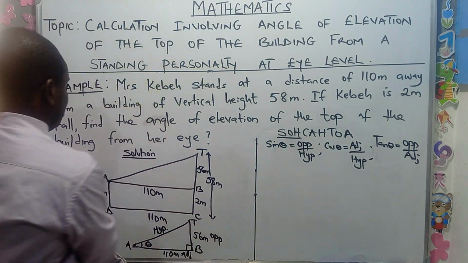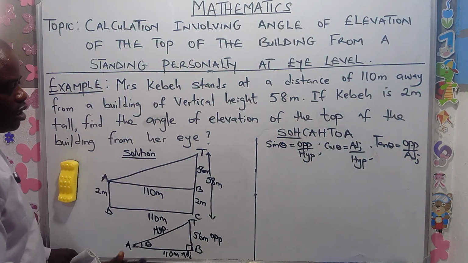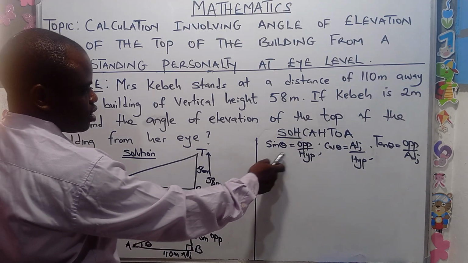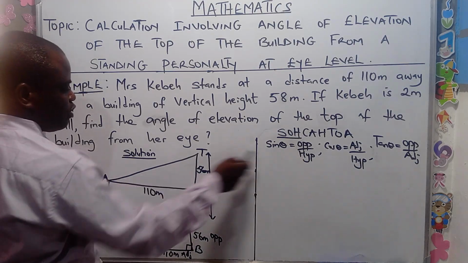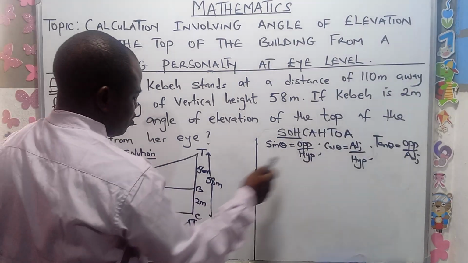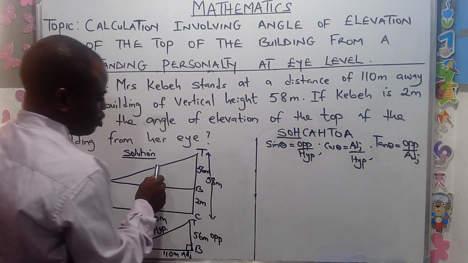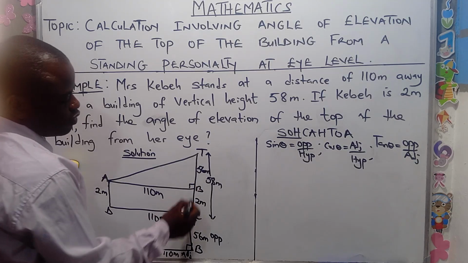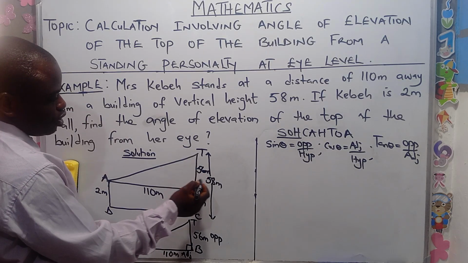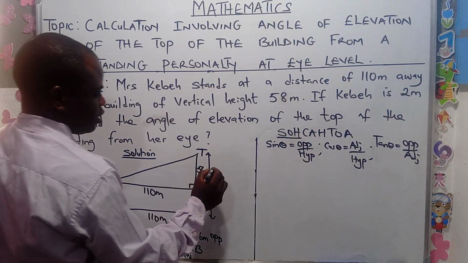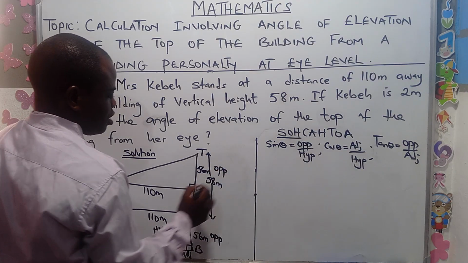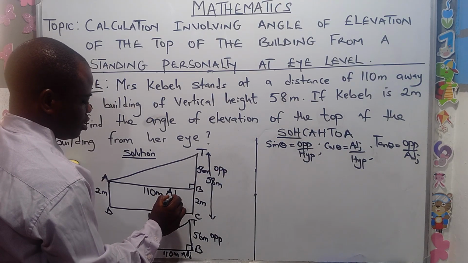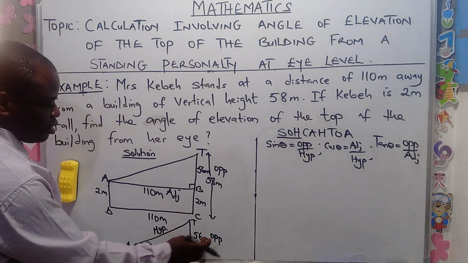Based on what we have now, you see that for sin theta, we have the opposite but we don't have the hypotenuse. For cos theta, we have the adjacent, but no hypotenuse. We can look for it, but we don't need to go as far as that, since we already have the opposite and adjacent, as written here.